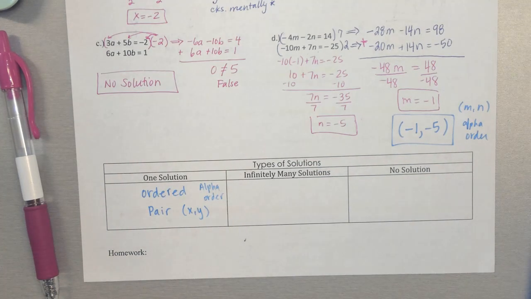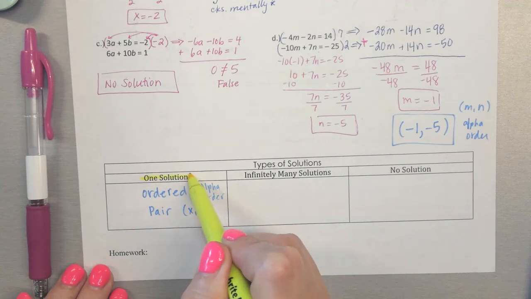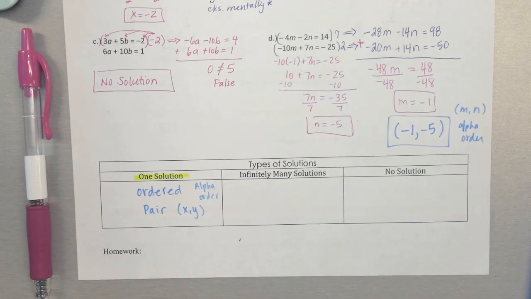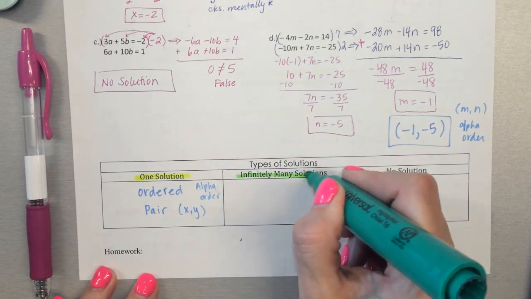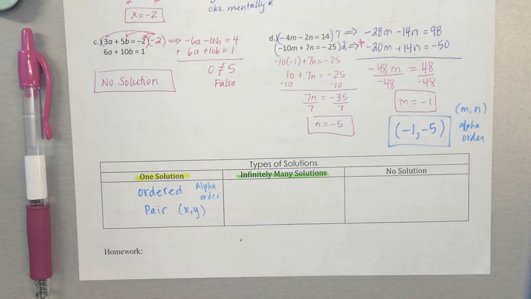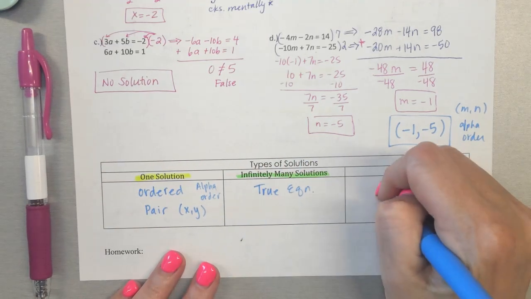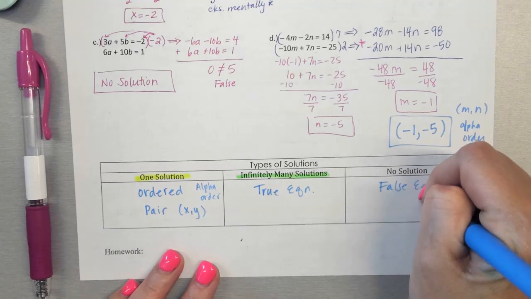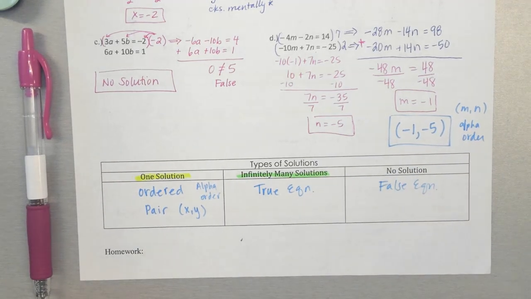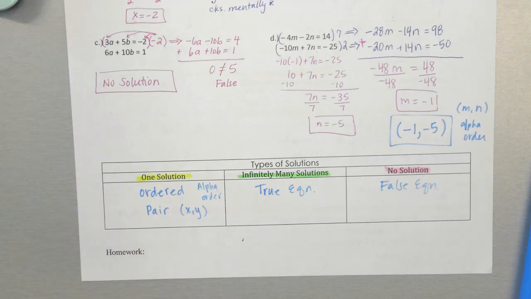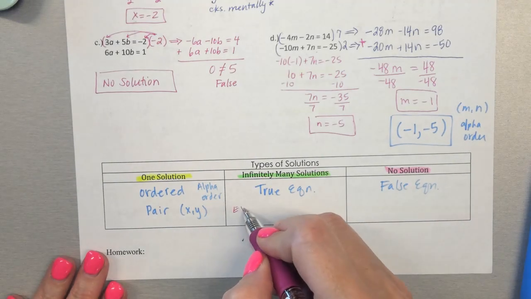The only time you don't have to worry about that is during the story problem, where you'll have your values. Okay, and then the types of solutions. There's one solution, that's the ordered pair. Infinitely many is when you have a true equation, and no solution is when you have a false equation. Infinitely many has to have the same number on both sides.